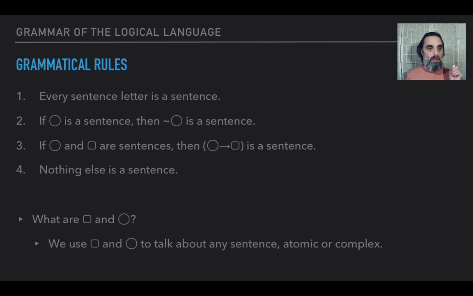If it's produced in this way: every sentence letter is a sentence. If circle is a sentence, then negation circle is a sentence. If box and circle are sentences, then parenthesis, circle, arrow, box, parenthesis is a sentence. And nothing else. If these rules tell us that it's a sentence, then it is, and that's the only way to be a sentence.